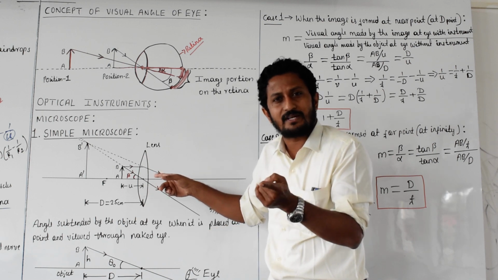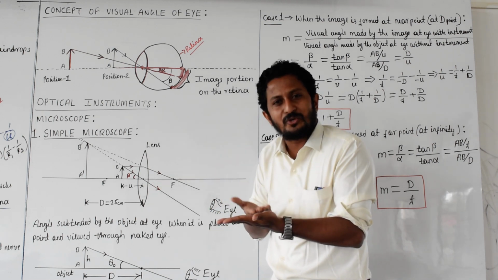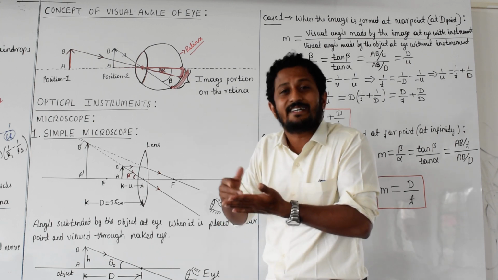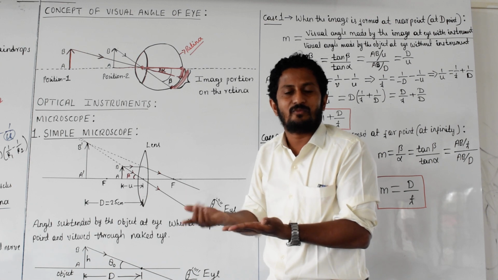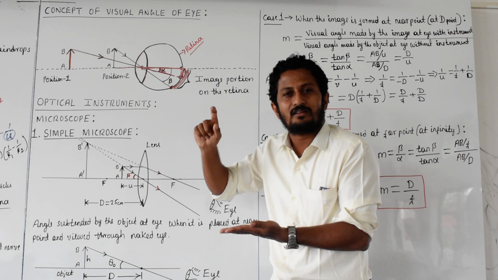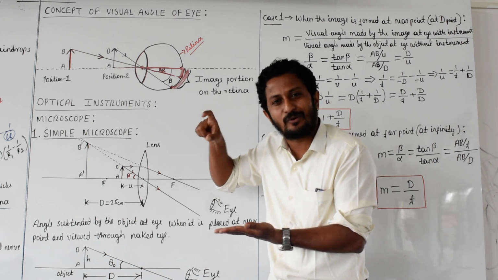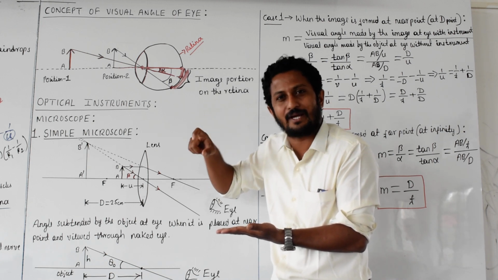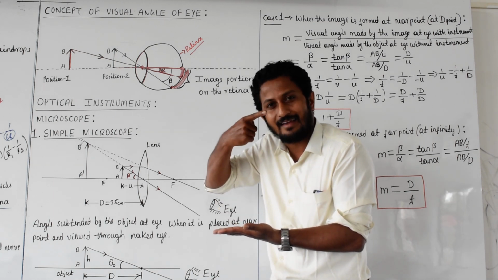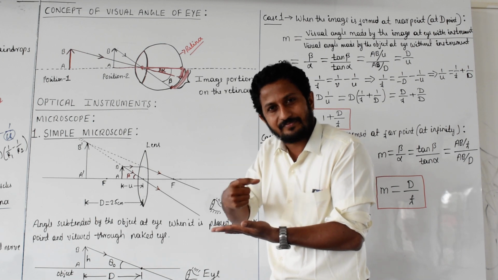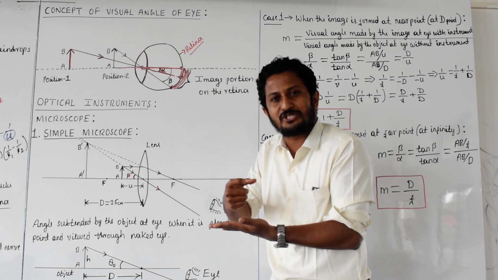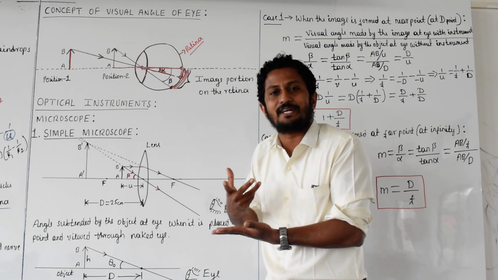This is your eye. In your hand is a small object which you want to see clearly. With your eye alone you are unable to see it clearly, so you get the help of this single biconvex lens, which we call a simple microscope. You move it, and at one particular position you will see a clear image.